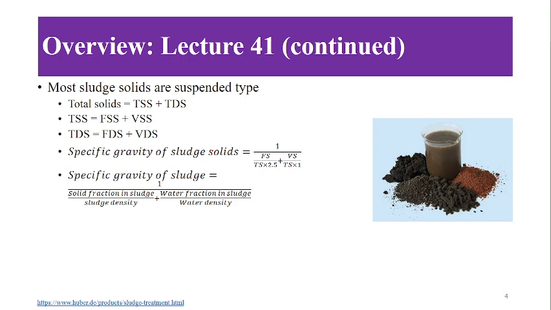Mostly the sludge solids are suspended types. And we know from previous knowledge that total solids can be total suspended solids and/or total dissolved solids. The total suspended solids can be either fixed suspended solids or volatile suspended solids.